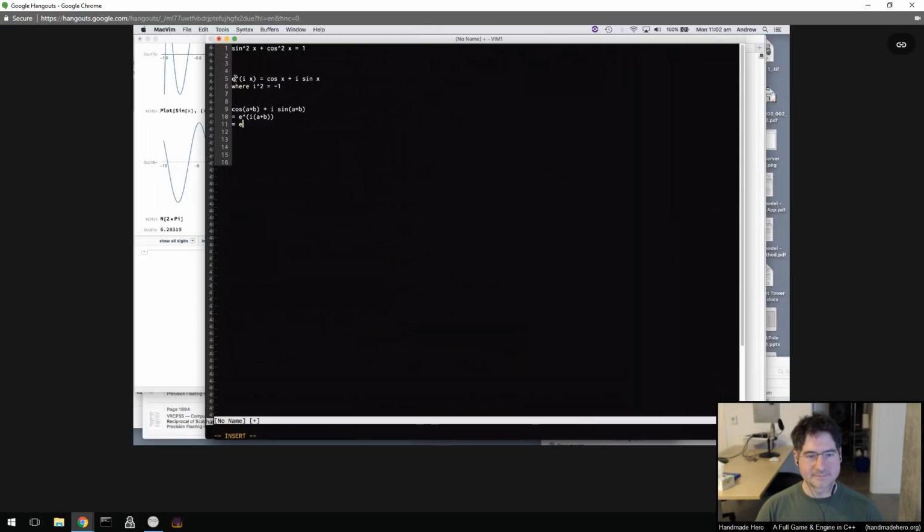This is equal to e to the ia times e to the ib. That's the index laws and distributive law, which is equal to cosine of a plus i sine of a times cosine of b plus i sine b, which is equal to cosine a cos b minus sine a sine b, because i sine b multiplied by i is negative, plus i times (cos a sine b plus sine a cos b).